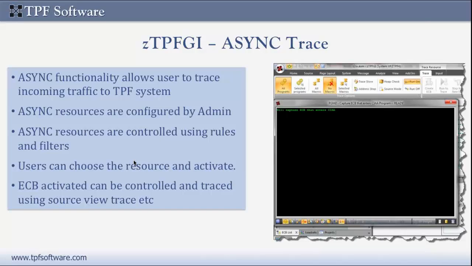So we have included some features in this asynchronous resource. When it is not in use, or once the user captures the ECB and completes his testing, the asynchronous resource automatically gets into a disabled state, so that there is no performance hit on the TPF system. In case the user wants to trace it again, he just has to click on this window and then activate the resource.